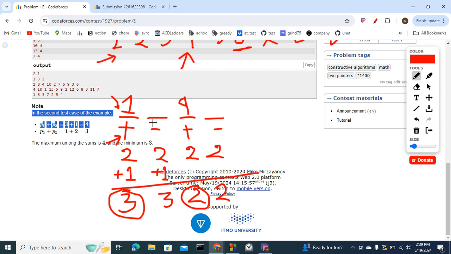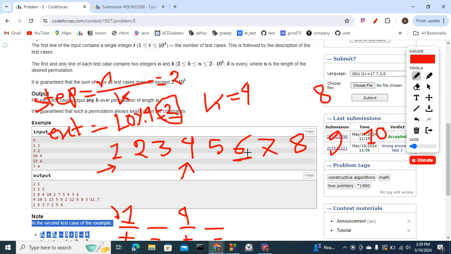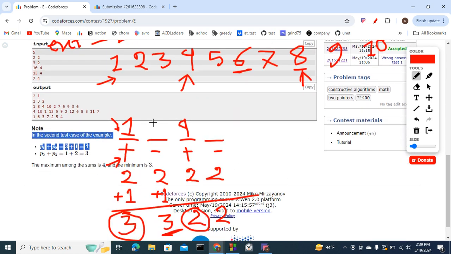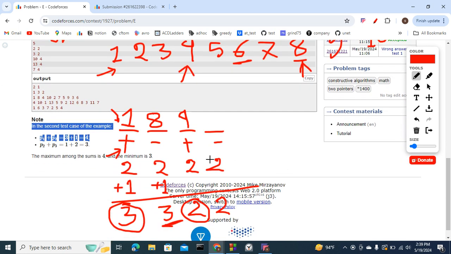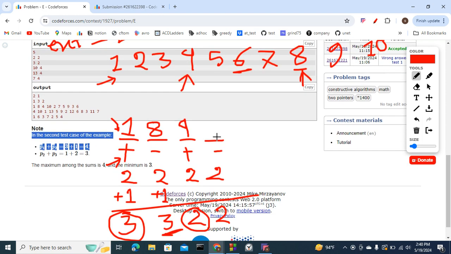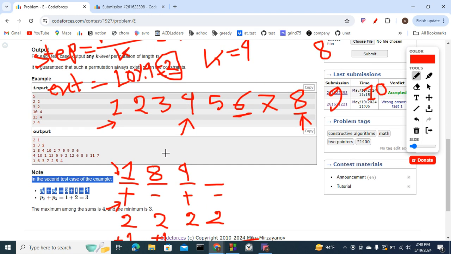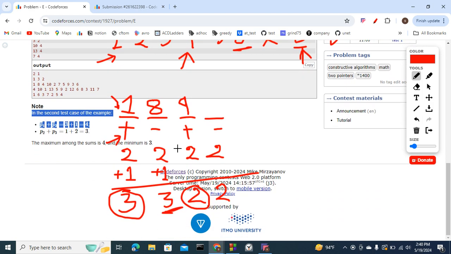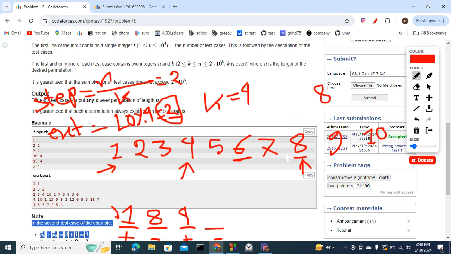As the negative one has 3 steps, we are considering 3 steps from here. So 8 will be here. Again, the final value will be 10.